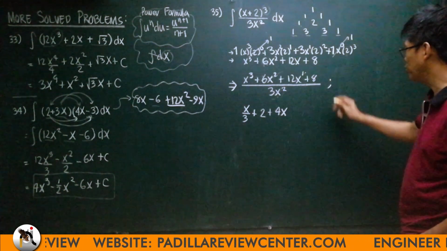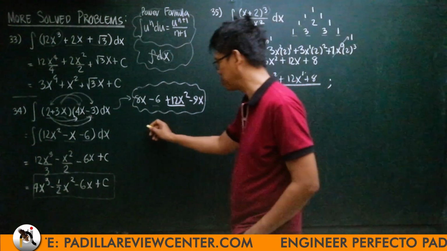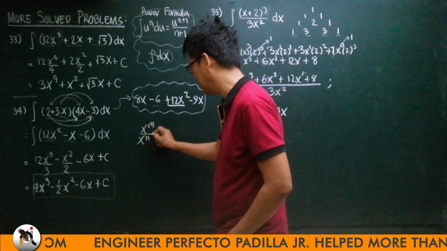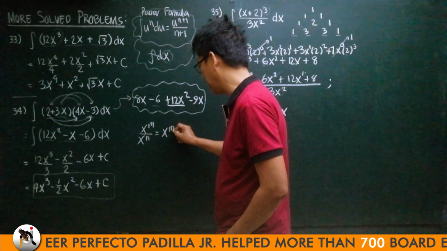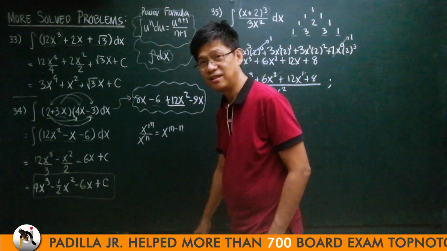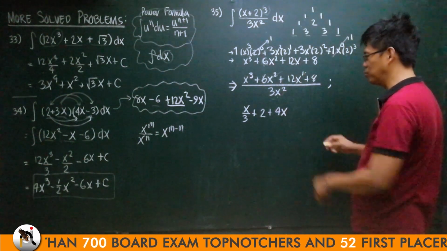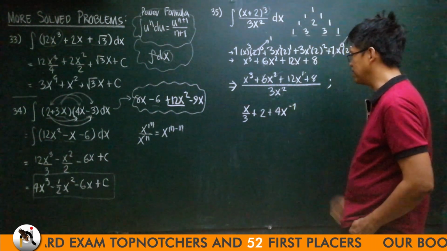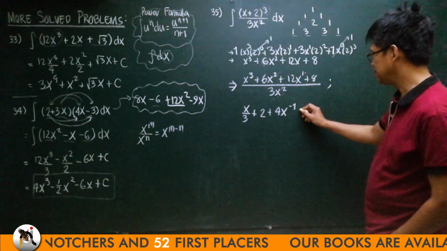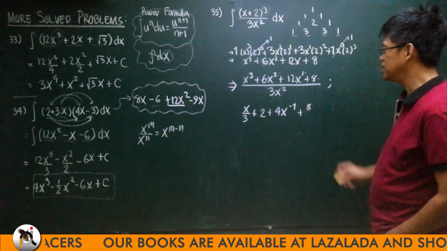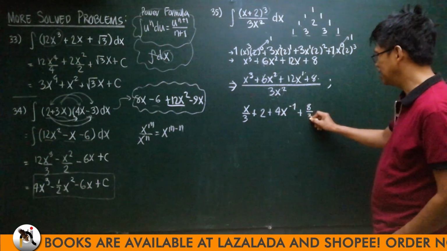Remember the rule of exponent? I will write the rule of exponent here. X to the m over x to the n is x to the m minus n, right? So you have here 1 minus 2, that's minus 1, plus 8 over 3x squared is 8 over 3.